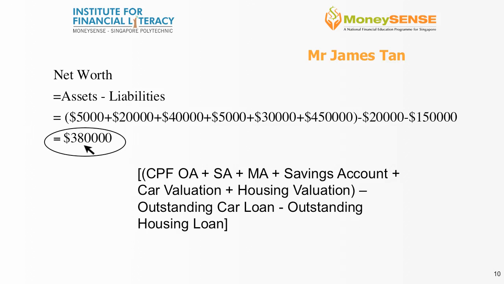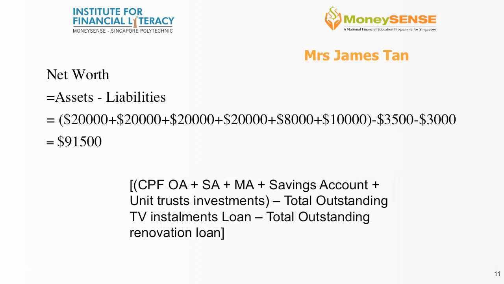Net worth of Mrs. James Tan. Mrs. James Tan has the following assets: $20,000 in her CPF ordinary account, $20,000 in her special account, $20,000 in her Medisave account, $20,000 in her savings account, $8,000 in fixed deposit, and $10,000 in unit trust funds.